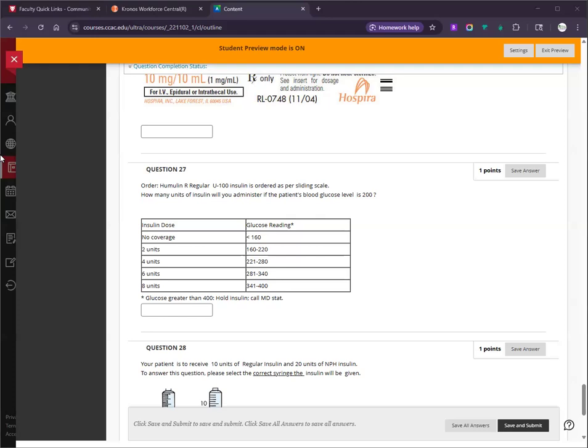So when we are doing our sliding scale question, we just want to know, can you identify what the blood glucose level is? 200. And then can you find that on the sliding scale? And then do you know to administer 2 units? That's all that this question is asking. There's really not math involved with this.